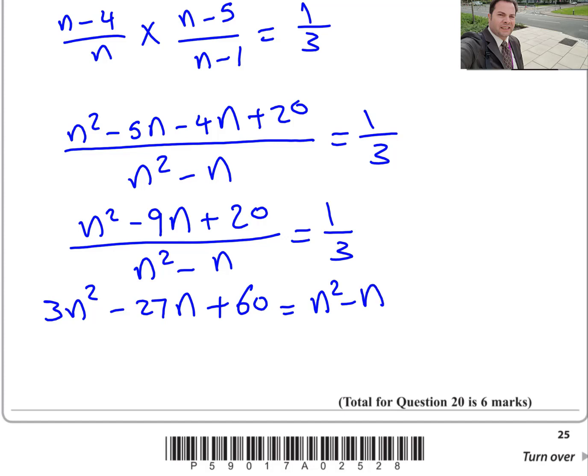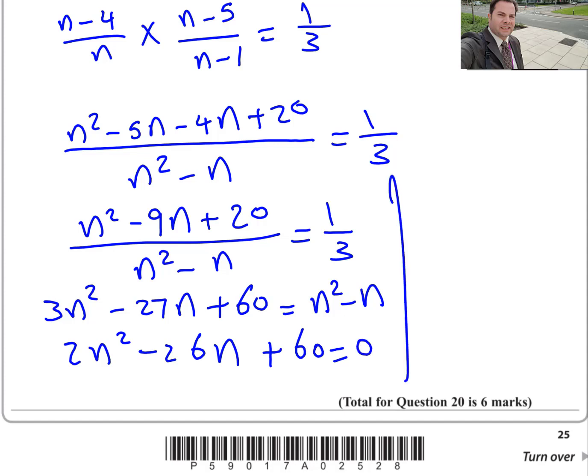Simplify. 3n squared minus n squared is 2n squared, minus 27n plus n is minus 26n, plus 60 is equal to 0. Divided by 2, so n squared minus 13n plus 30 is equal to 0.